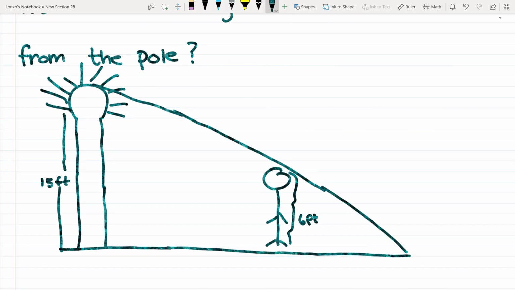They're saying how fast is the tip of the shadow moving when he is 40 feet from the pole? So that means that this length here is 40 feet.